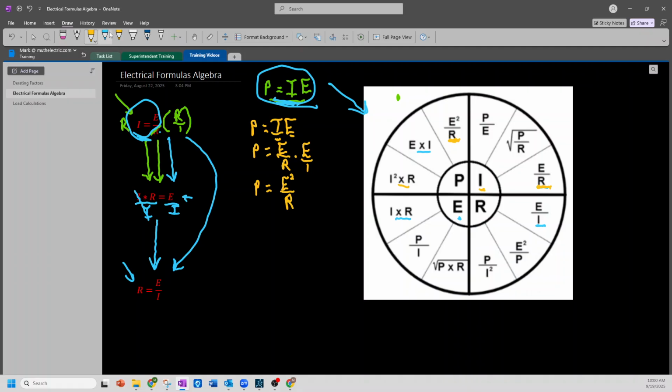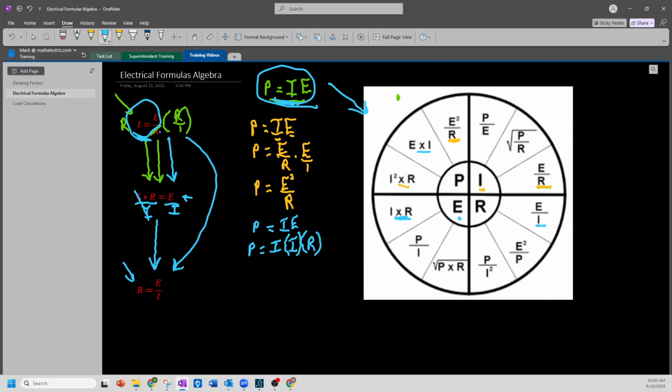Now, I'm going to do the same thing again. This time, I'm going to replace E, because I know what E is. E is I times R. So, power equals my current times this, I times R. If you prefer, we could put everything around parentheses showing multiplication.